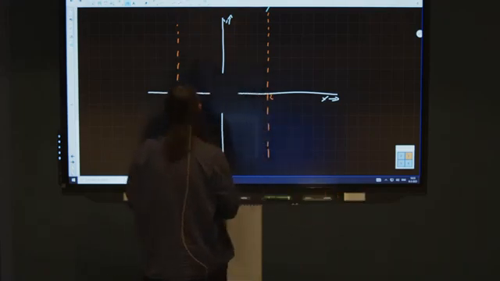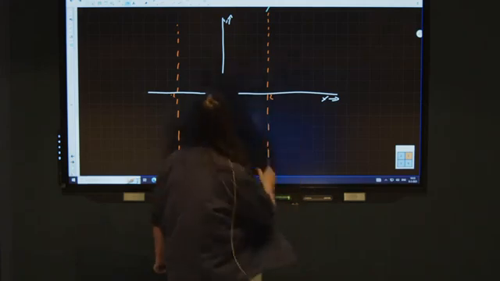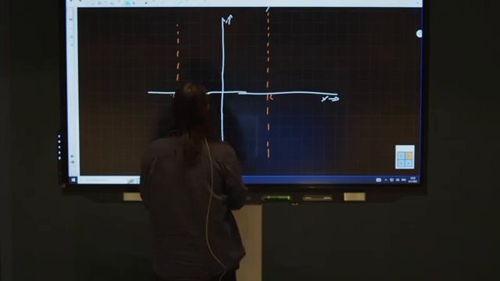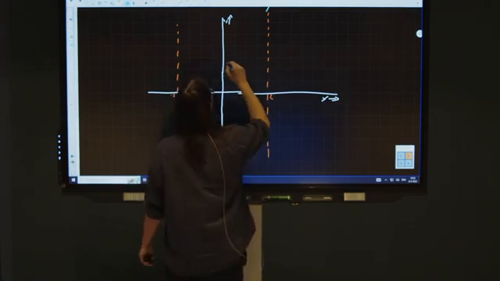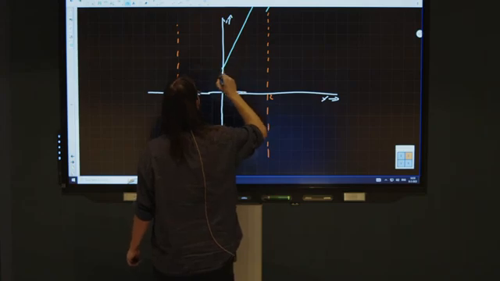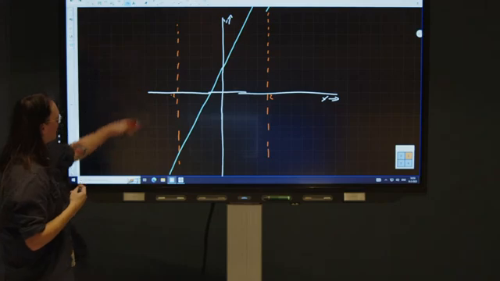So I need to remember to tack on that plus 1. This is what I want. There we go. All right, so that's my oblique asymptote.